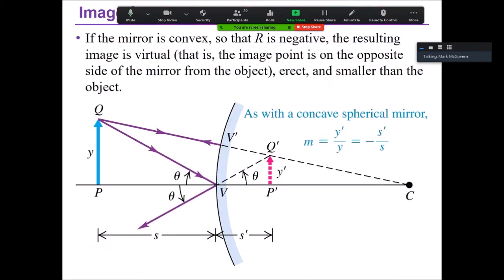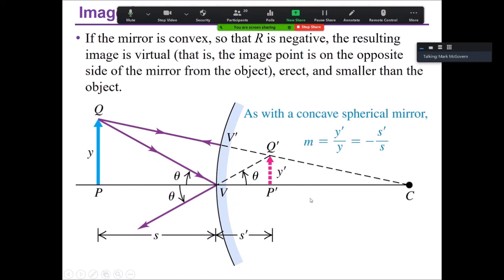So now I'm not going to go through the same derivation as before. You can though. I don't have the figure with me here, but it's the same thing. You have an alpha, which is an angle from the object. You have your beta, which is an angle that's formed from the image, so that it would be over here.